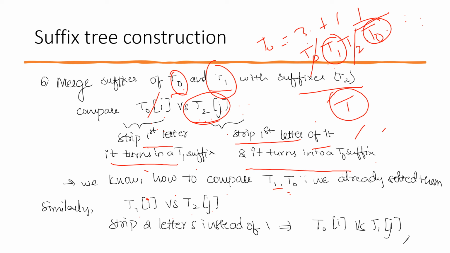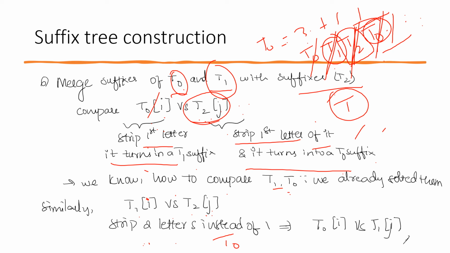If I strip only one letter of T1, I go back to T2 again, which I don't know how to compare. So I'll have to strip two letters. If I strip two letters from T1, I'll be taken to T0 again, and if I strip two letters from T2, I'll be taken to T1.